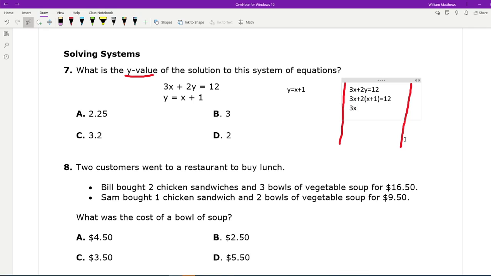First, I get rid of the parentheses by distributing. Combine like terms. Subtract the constant.